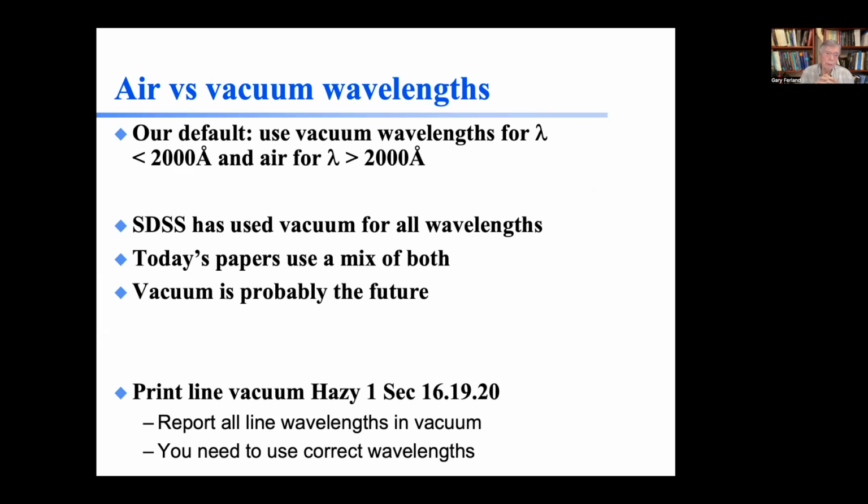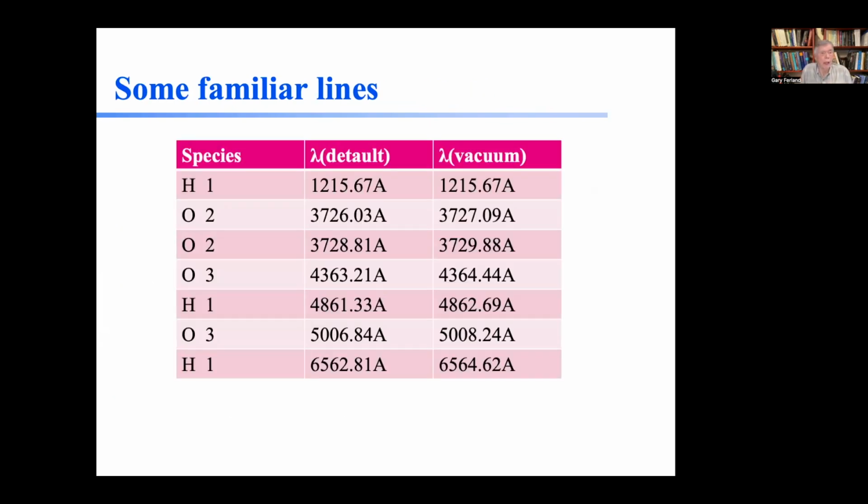So probably the future is to use vacuum wavelengths for everything. Cloudy follows the tradition in atomic spectroscopy, but we include a command, print line vacuum. If you include that in the input deck, all of the wavelengths that Cloudy reports will be vacuum wavelengths, not air and vacuum. This is probably the future of astronomy, but it creates some very big puzzles right now.